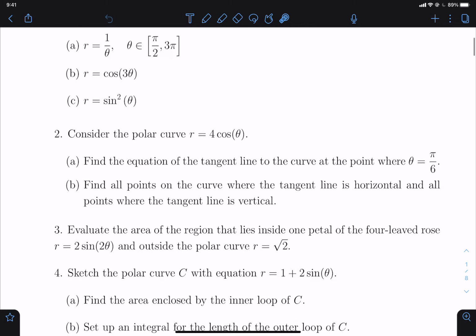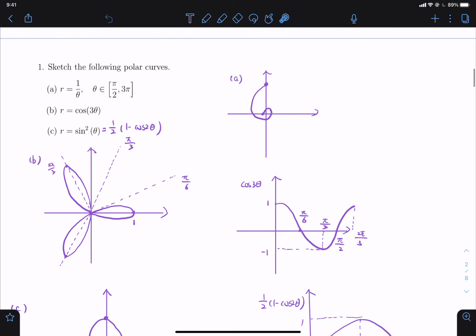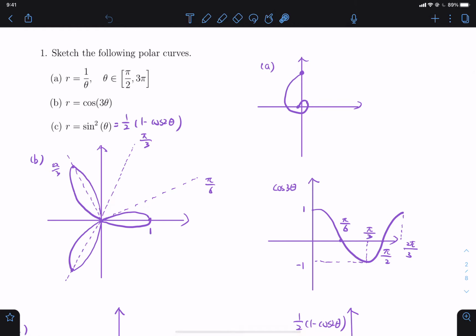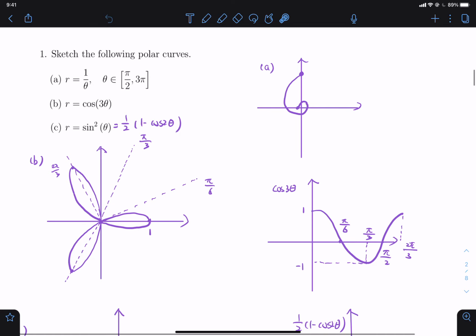Okay, and then you can see that the first one here, it's r equal to 1 over theta, where theta ranges from pi over 2 to 3 pi. So when you sketch a polar curve, you kind of choose a point, and then you rotate that point counterclockwise.